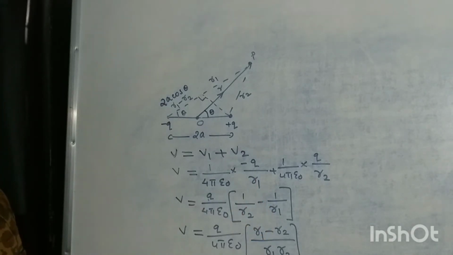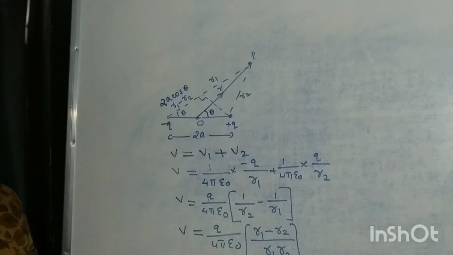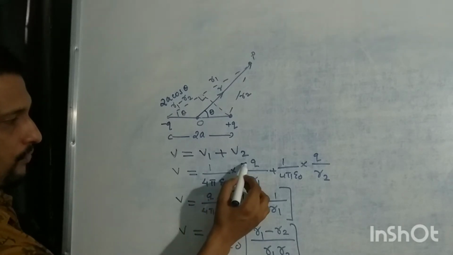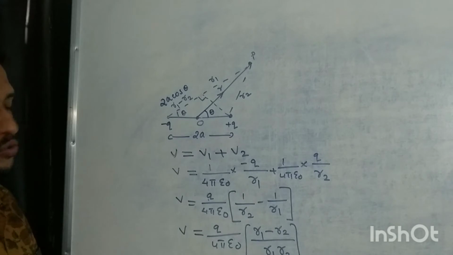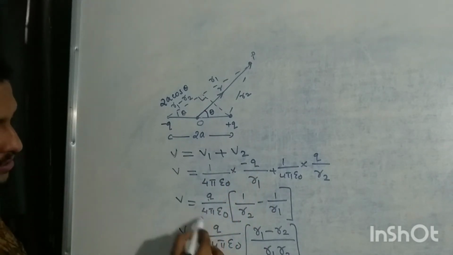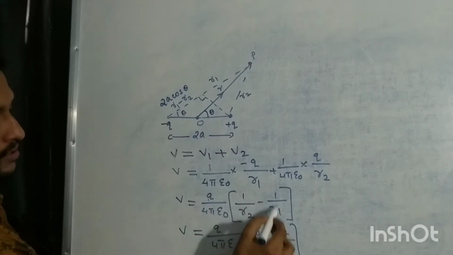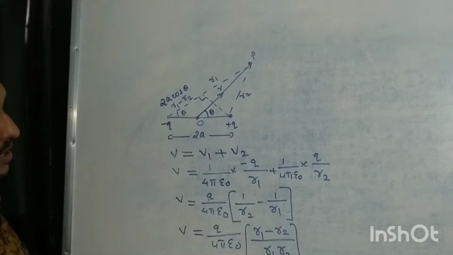Remember one thing: when you are writing an equation for potential, if it is a negative charge, the potential is negative; if it is a positive charge, then the potential is positive. So V is equal to 1 by 4 pi epsilon 0 minus q by r1 plus 1 by 4 pi epsilon 0 q by r2. Taking q by 4 pi epsilon 0 as common, 1 by r2 minus 1 by r1. Cross multiplying, we get r1 minus r2 divided by r1 r2.